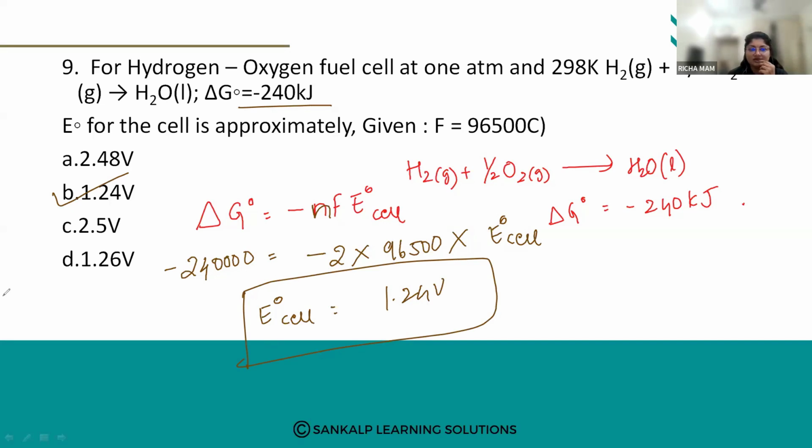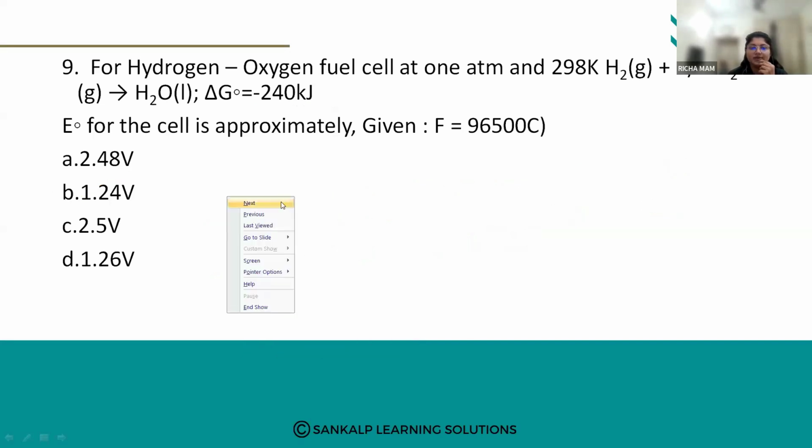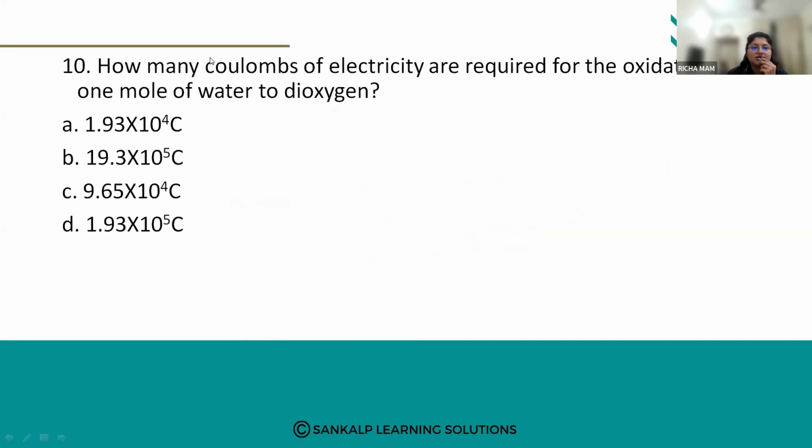So please remember these formulas. Next question: how many coulombs of electricity are required for the oxidation of 1 mole of water to dioxygen?